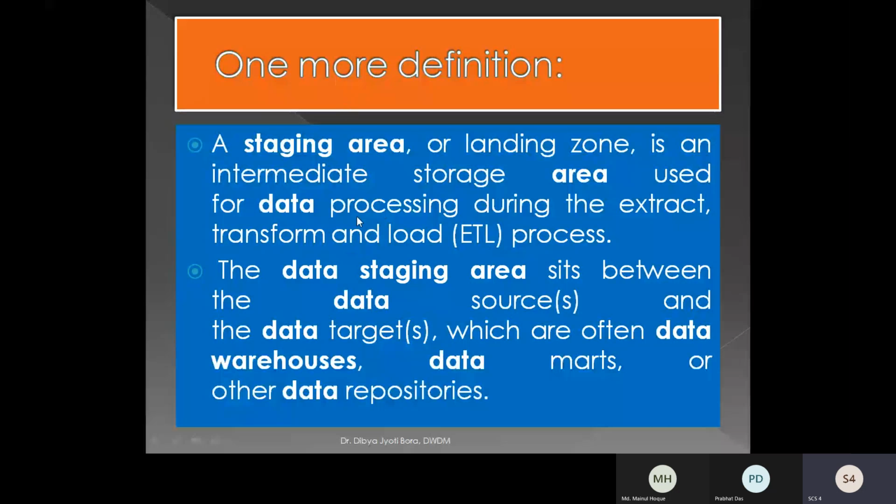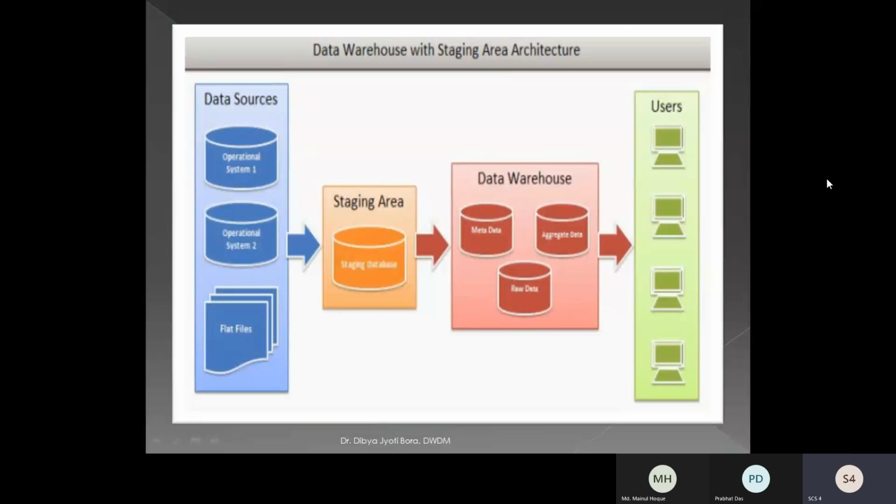Staging area. ठीक है, तो data staging area sits between the data source and the data target, which are often data warehouse, data mart or other data repository. Data mart को अभी मत देखो, अभी हम सिर्फ data warehouse तक limitation रखते हैं. ठीक है, so let's have a figure on this data warehouse architecture with staging area, and this one is a very good diagram.